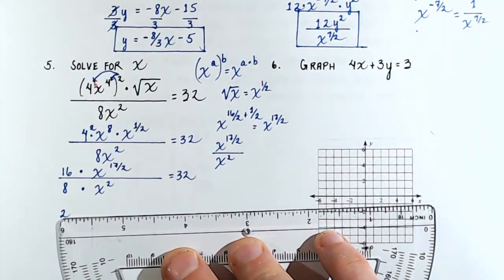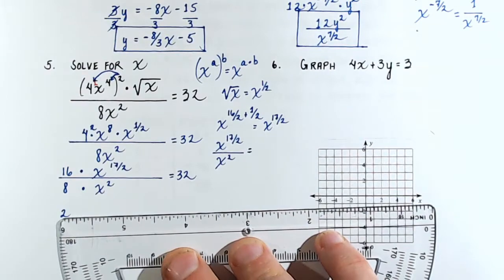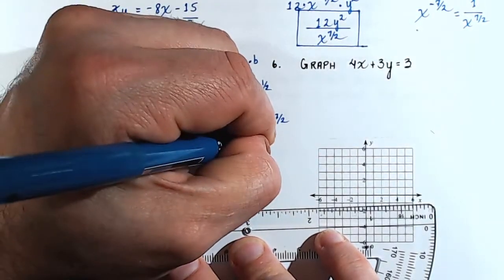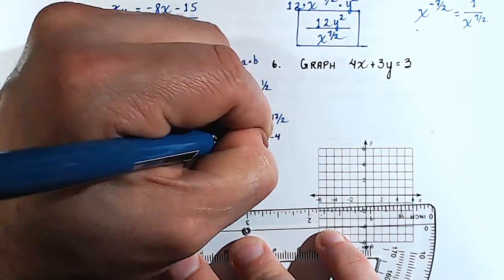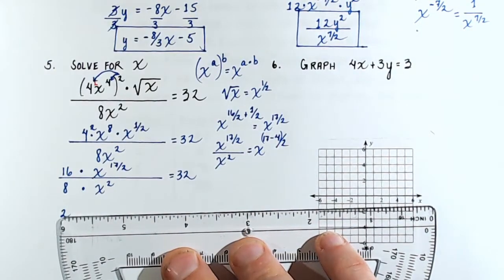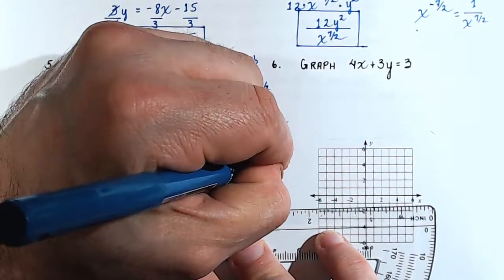This is the quotient rule here. I need to write 2 in terms of halves, so I'll write 4 over 2. This is x to the 17 minus 4 over 2. 17 minus 4 is 13, so this equals x to the 13 over 2.